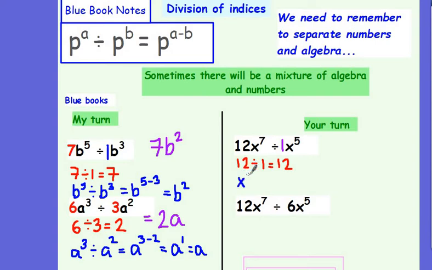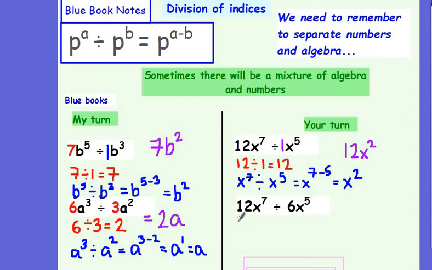I've got x to the power of 7 divided by x to the power of 5, which gives me x to the power of 7, take away 5, which is what, Owen? X to the power of 2, very wise. Putting it all back together, I get 12x to the power of 2.